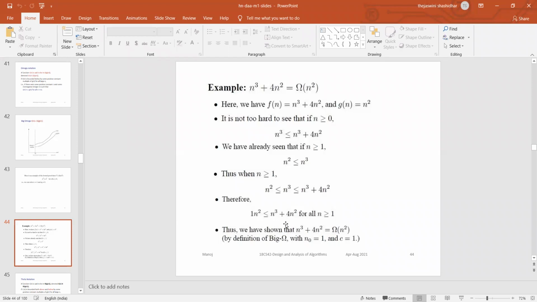So therefore we can write it as n square is less than... What you have to prove? N square should be less than n cube plus 4n square. So same thing what they have done here. Understood?